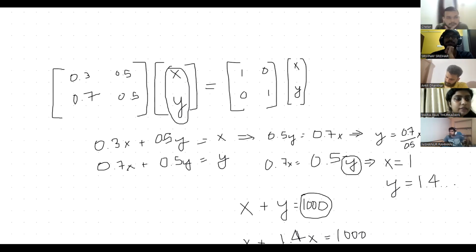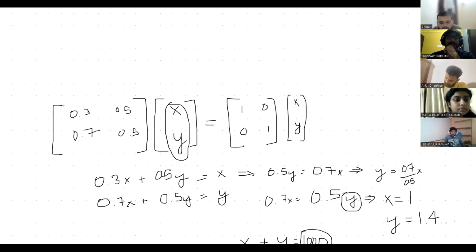Now, if we have AB minus AC, we can take A common. So if AB equals AC, we can write A times (B minus C) equal to 0, right? So you want to take this to the other side. Yeah, that will give us the same equations eventually, which we solved earlier. So you're taking this as AX and this as BX, right?